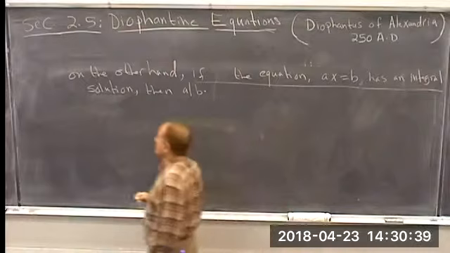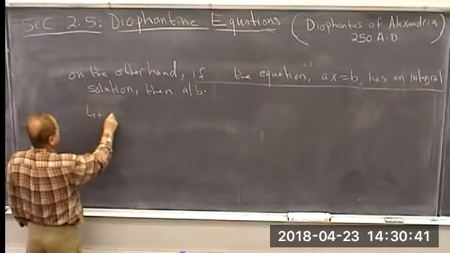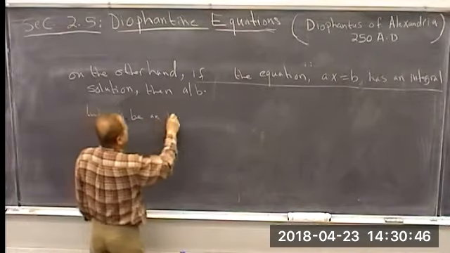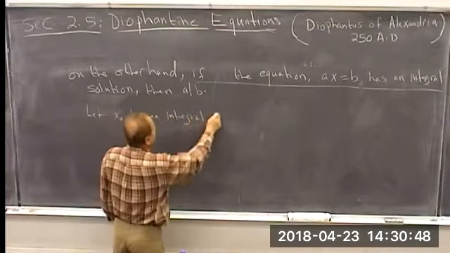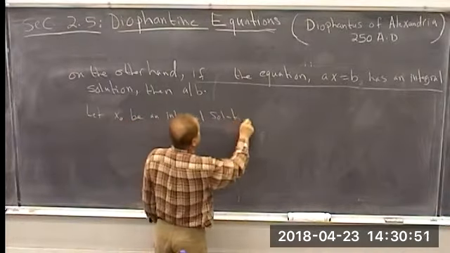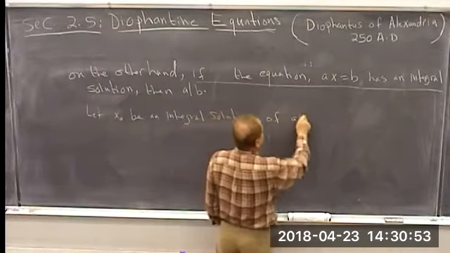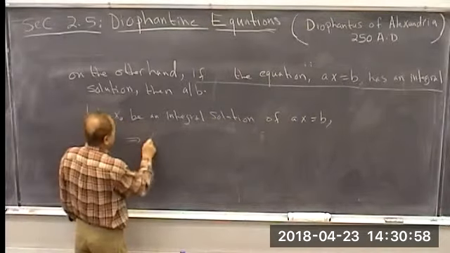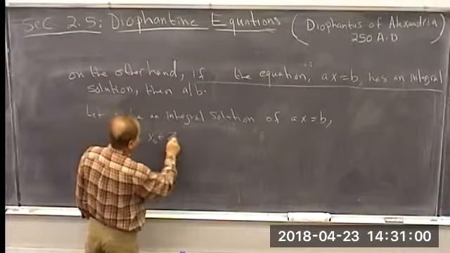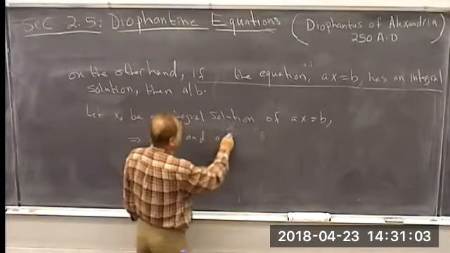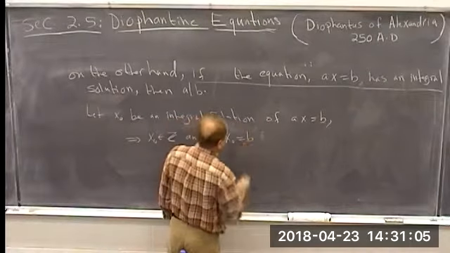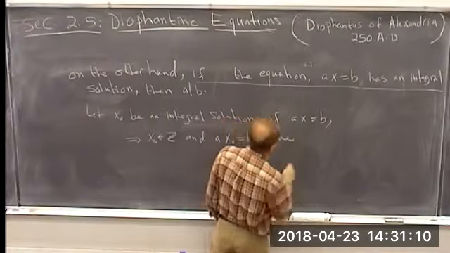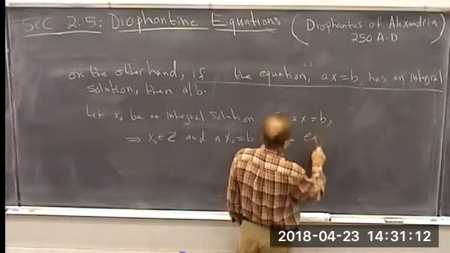Let x sub 0 be an integral solution of ax = b. This implies that x sub 0 is an integer, and a x sub 0 = b, which is a true statement, through equality.